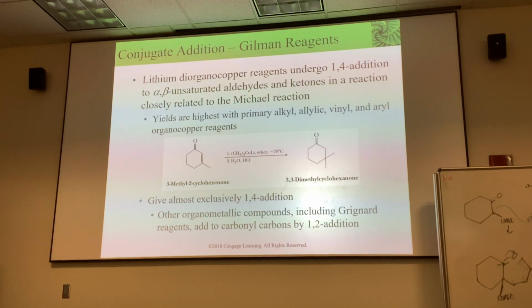Gilman reagents are different. So, I don't want to say that adding a Gilman reagent isn't exactly an entirely reversible process, right? It's just that we don't draw the mechanism for this because stuff happens.